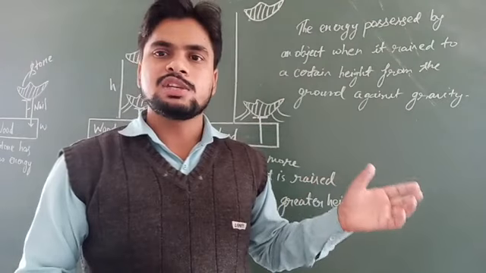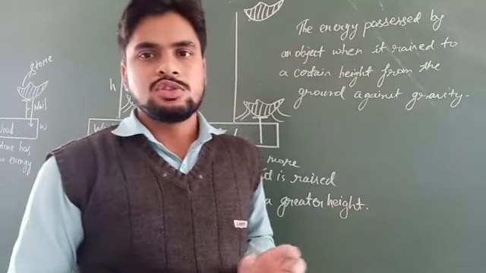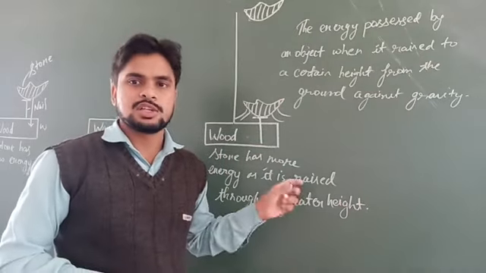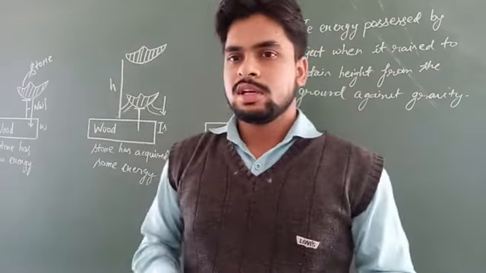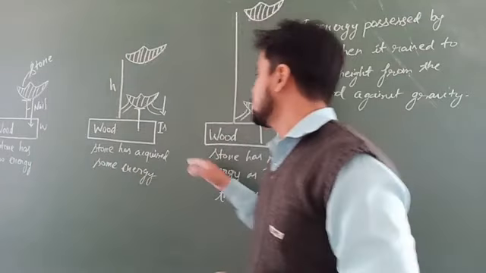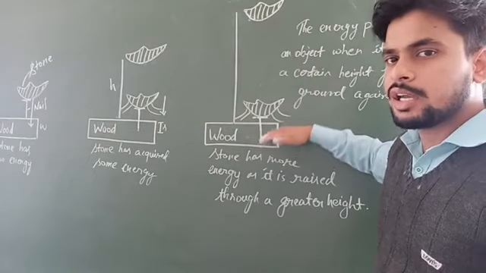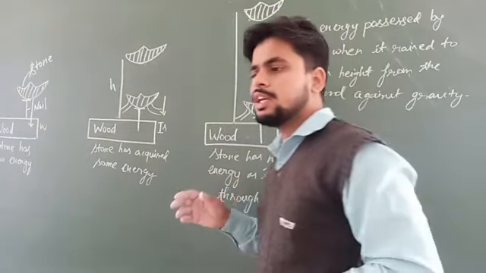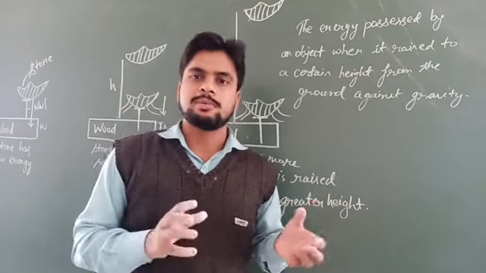So the energy being stored is known as elastic potential energy. So these are the two forms of potential energy: gravitational potential energy and elastic potential energy. Gravitational potential energy is due to being raised through a certain height from the ground against gravity, while the elastic potential energy is due to change in configuration or shape and size.